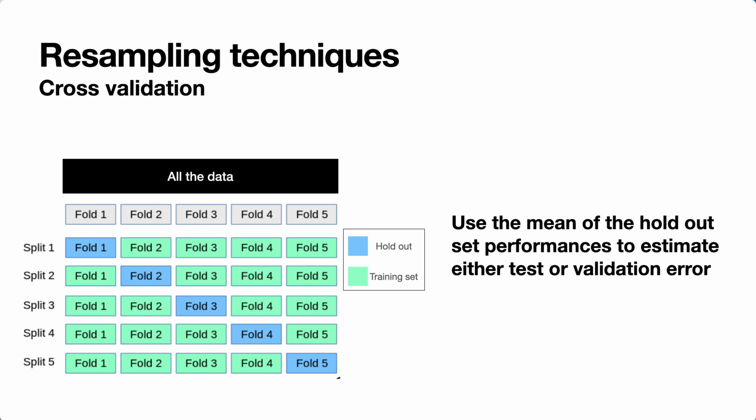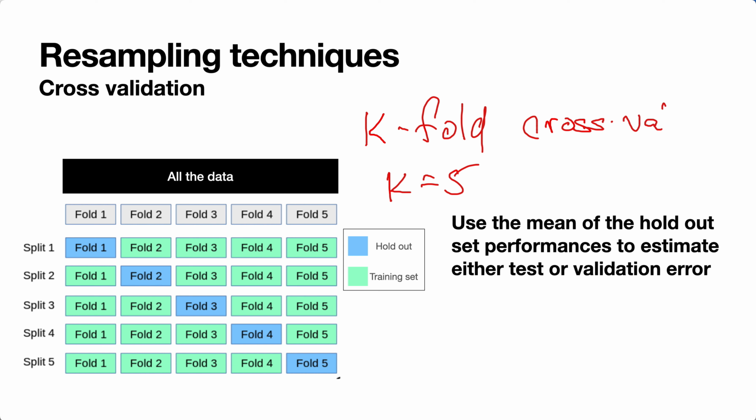We will often note this as k-fold, where in this case, k equals 5. So this is k-fold cross-validation. We divide our data set up into 5 chunks.